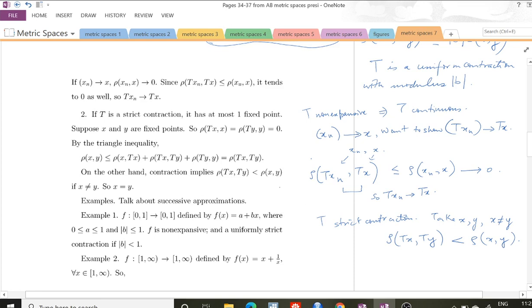And so you can go through this little proof. The point is very simple. Suppose x and y are fixed points.